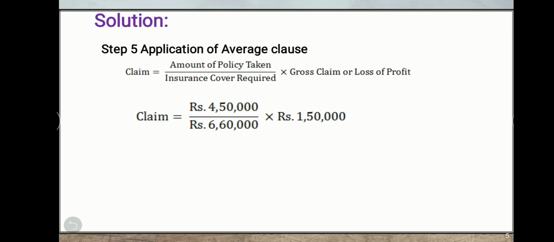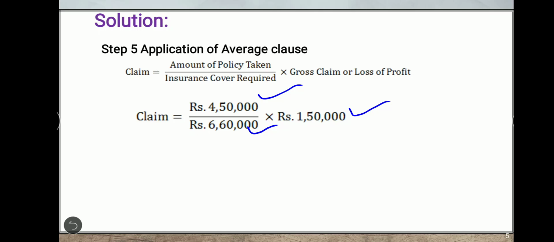So let us see the formula. So put the values: amount of insurance policy 4,50,000, insurance cover required 6,60,000, multiplied by gross claim, which is 1,50,000, and the final answer is, calculate it on your calculator and comment in the chat box. So this is your final answer.